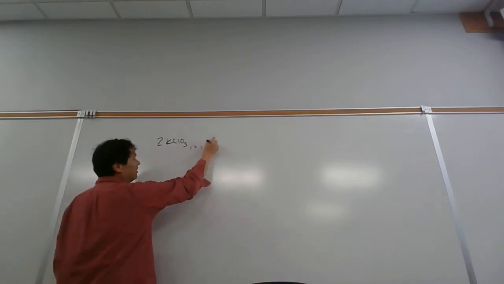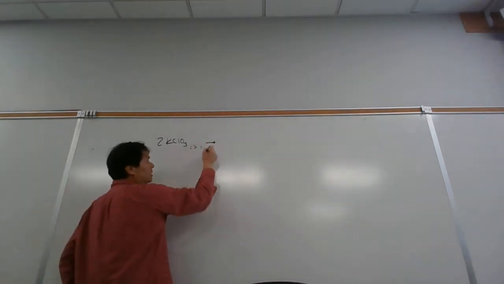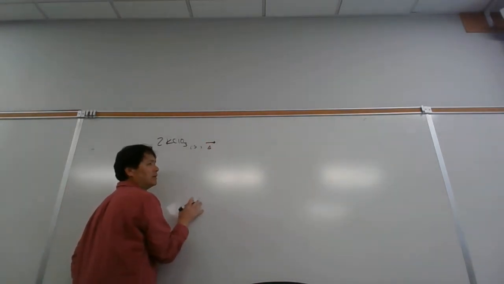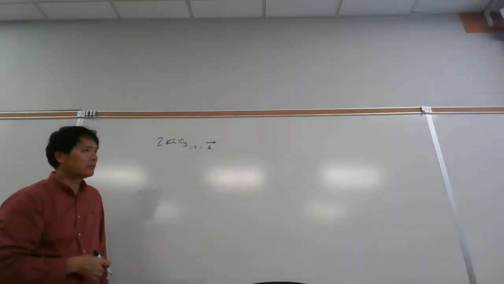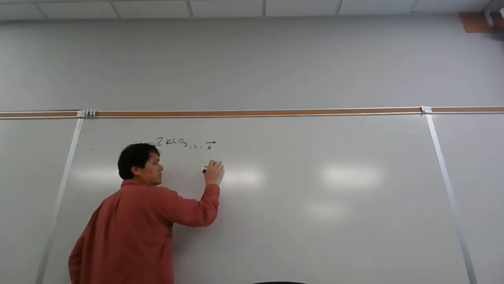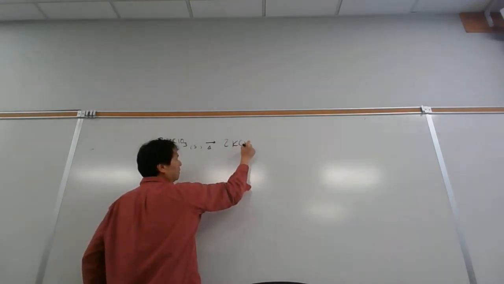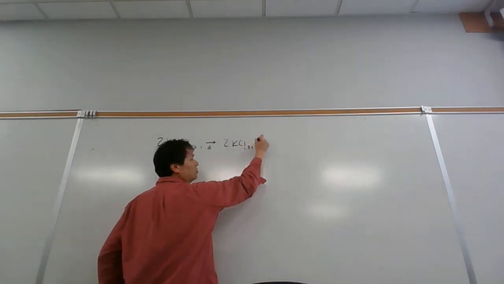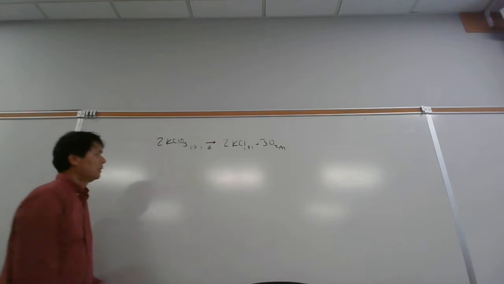Potassium chlorate. And it turns out when you heat potassium chlorate, it can decompose like calcium carbonate. Calcium carbonate decomposes into calcium oxide plus CO2 gas, but KClO3 decomposes into KCl and O2 gas, not CO2 gas.